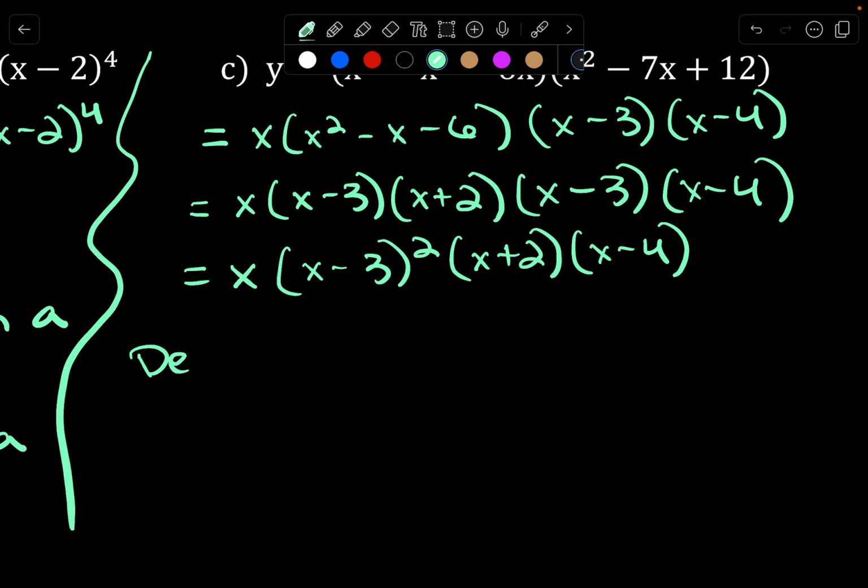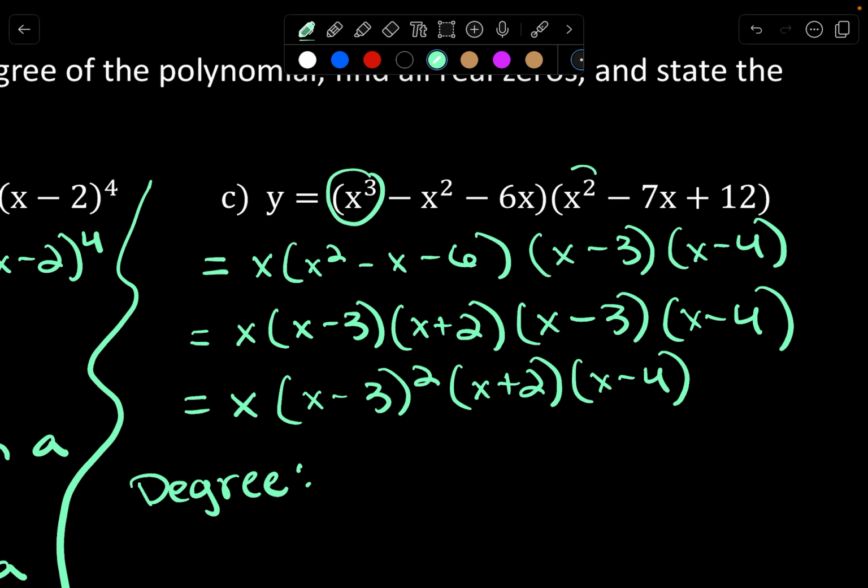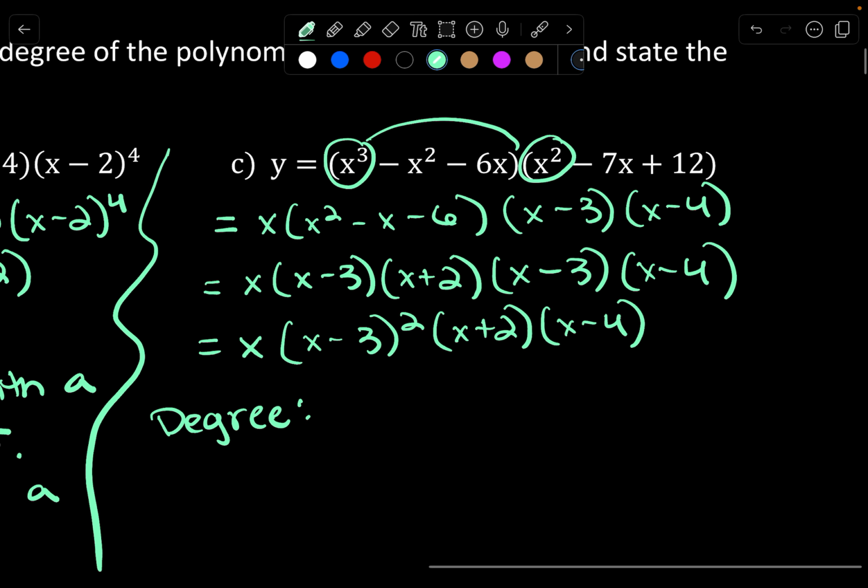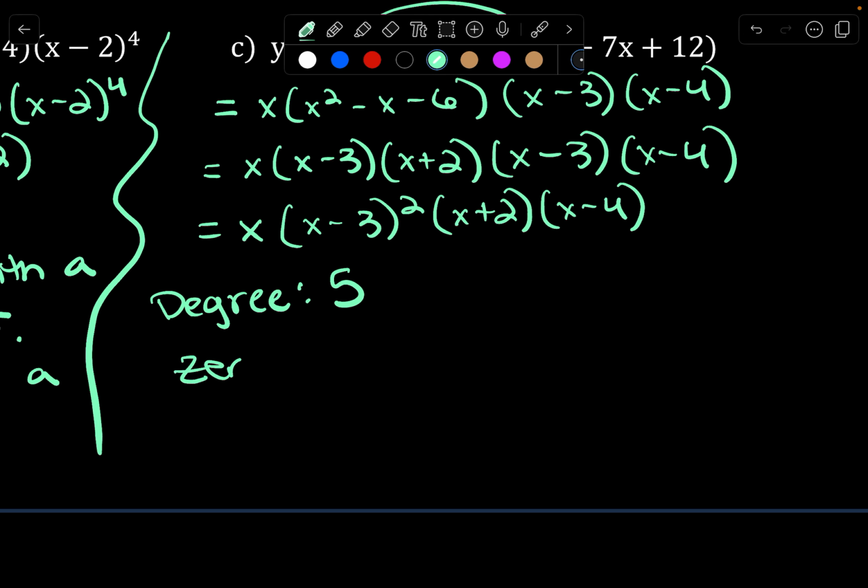So for the degree, if we go back to the original, we have a degree 3 and a degree 2. If we expand and multiply those out, we have a degree 5. For the zeros, we have 4 zeros total, and 3 of them have a multiplicity of 1.